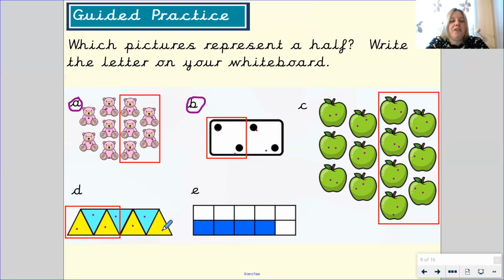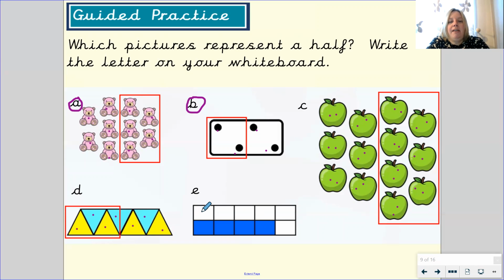Let's look at each group. We can see that this group has 3 triangles in and half a triangle in. This group also has 3 triangles in and half a triangle. So the groups are equal because they represent the same. So if we were to fold them over, our groups would be exactly the same.